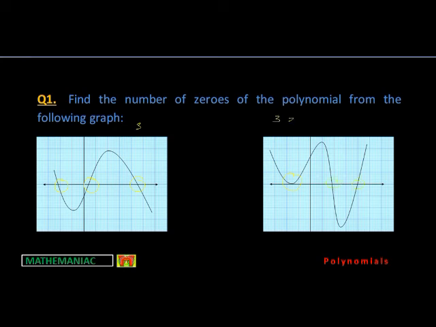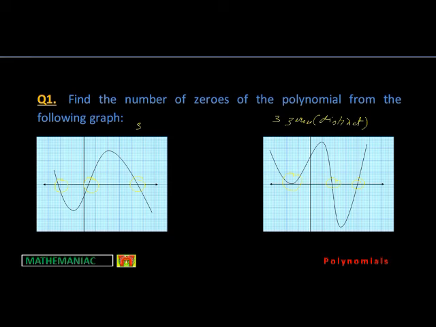Here also 3 zeros. You write 3 zeros, but these 3 zeros are distinct. If you are talking about distinct zeros, then there are 3 distinct zeros. But total, if I ask you how many zeros? Here 2, here 1, here 1. Total 4 zeros. Out of that, 1 is repeated. So distinct will be 3 zeros.